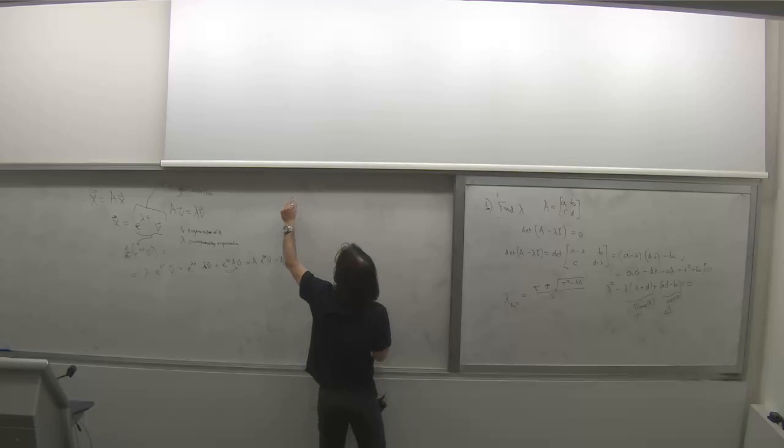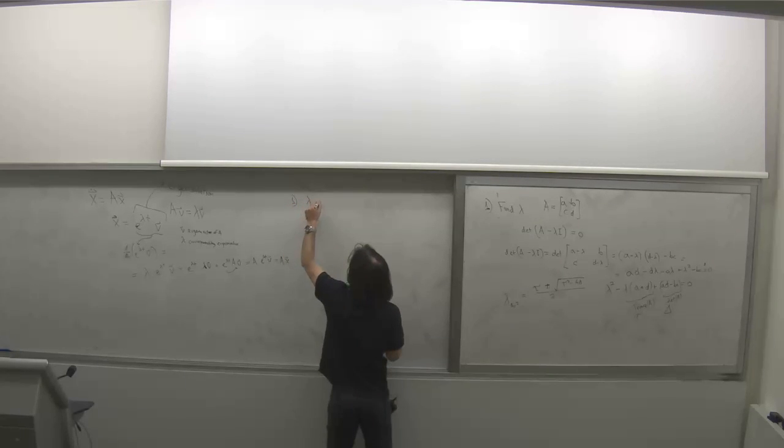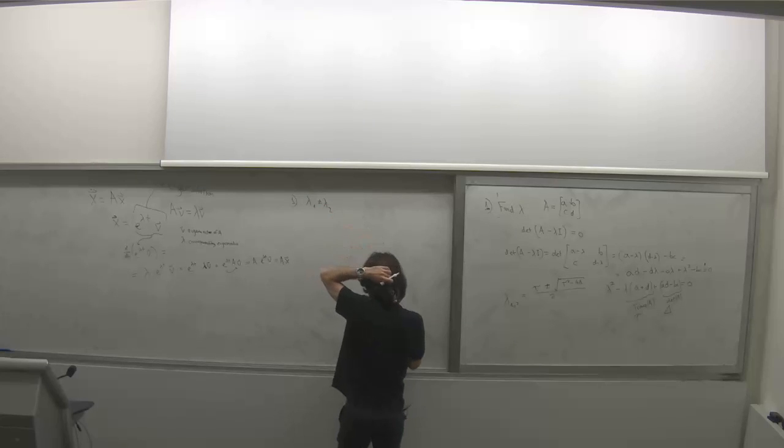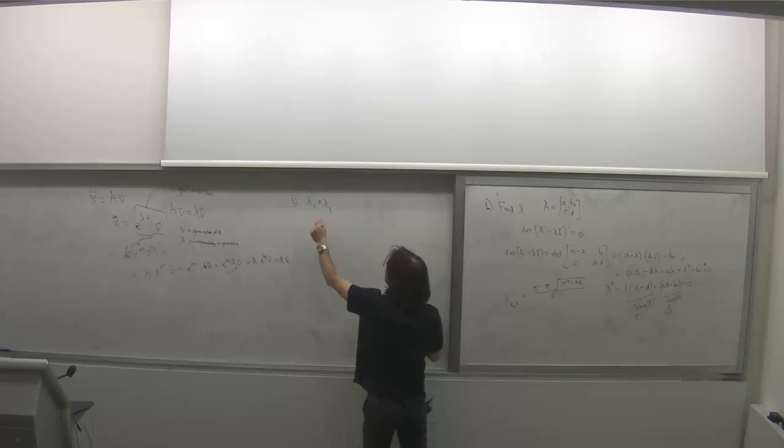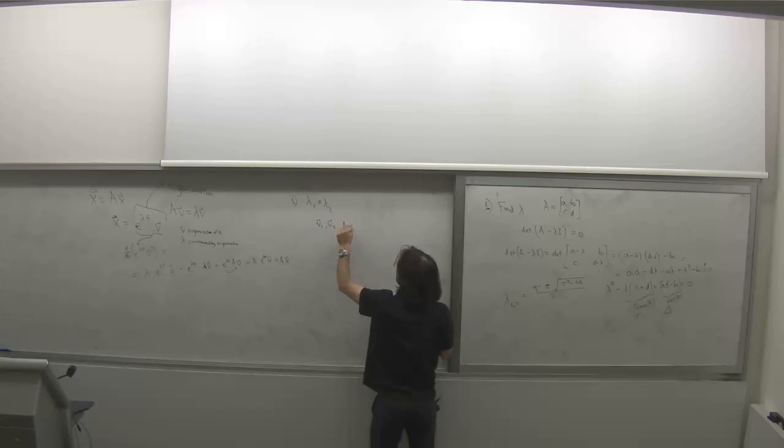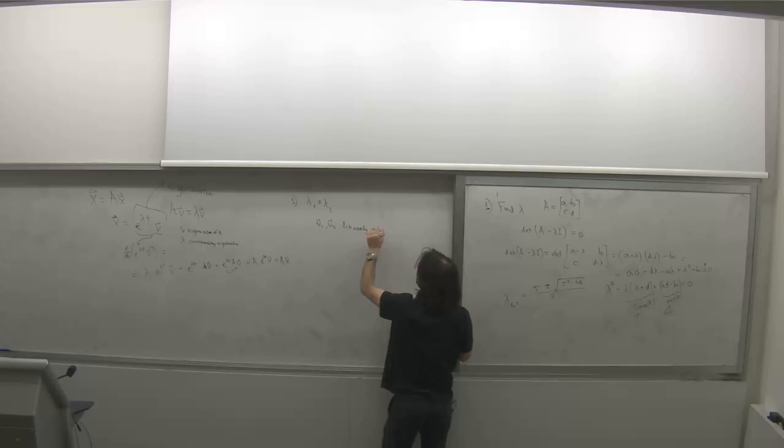Okay, so one is the typical case of lambda 1 not equal to lambda 2. So I got V1 and V2 are linearly independent.